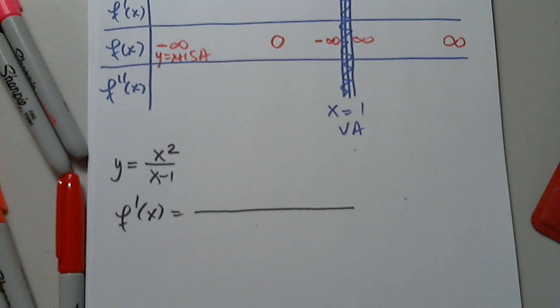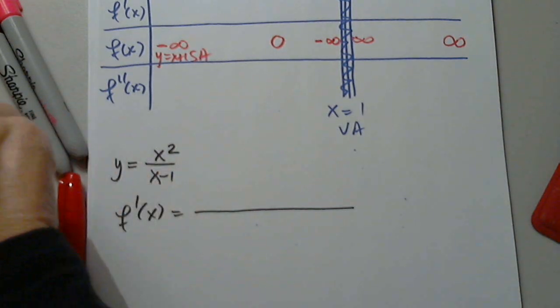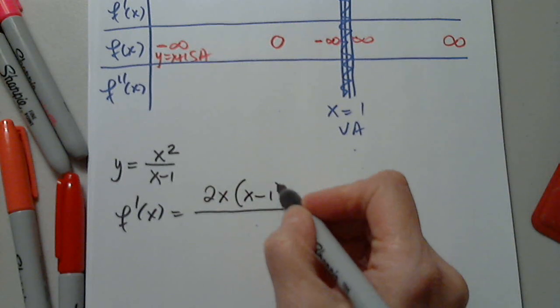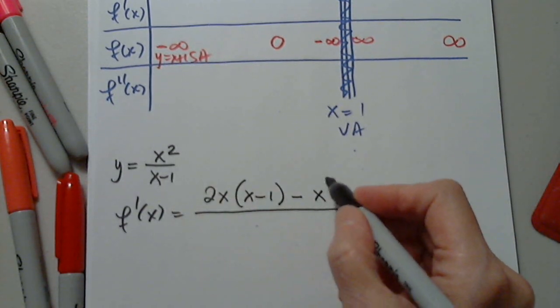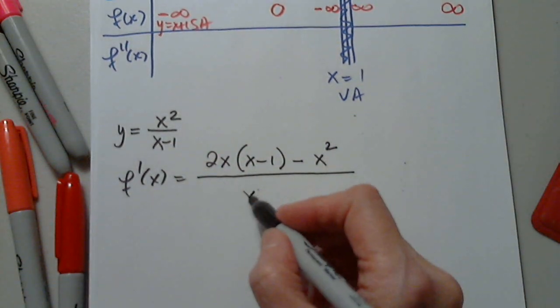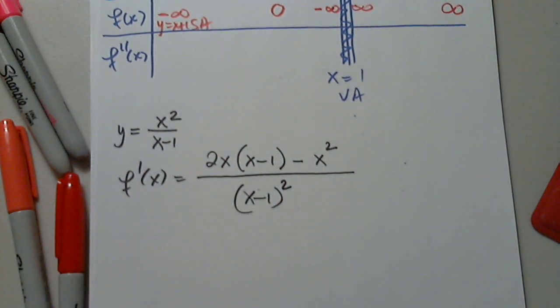Quotient. Perfect. Very good. So then the top prime is 2x times the denominator minus the top times the denominator prime, which is 1. And then I have x minus 1 squared.